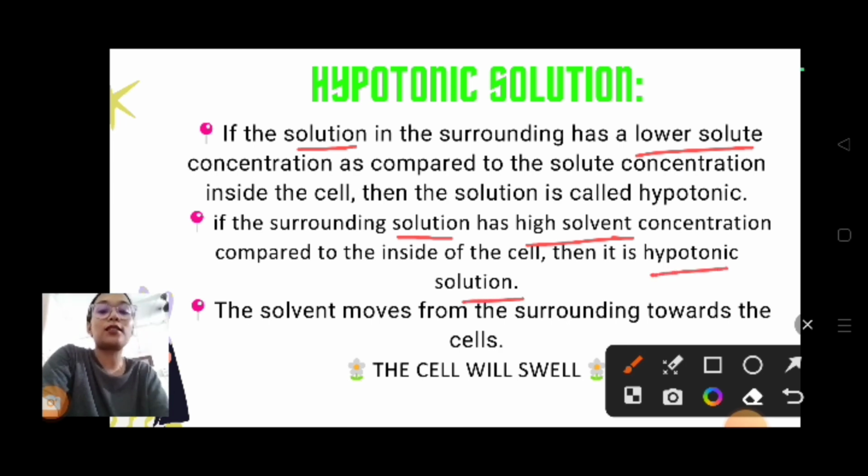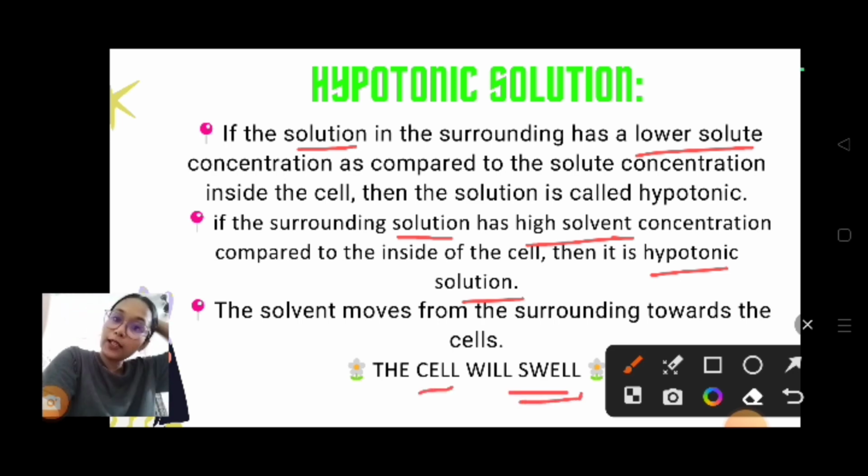So in a hypotonic solution you have low concentration of solute and high concentration of solvent. The solvent moves from the surrounding towards the cell, and then the cell will swell up. Clear?